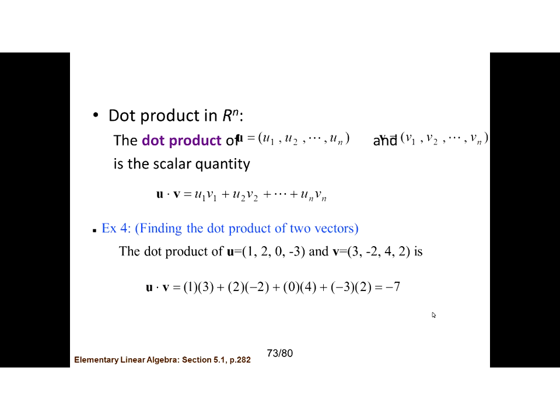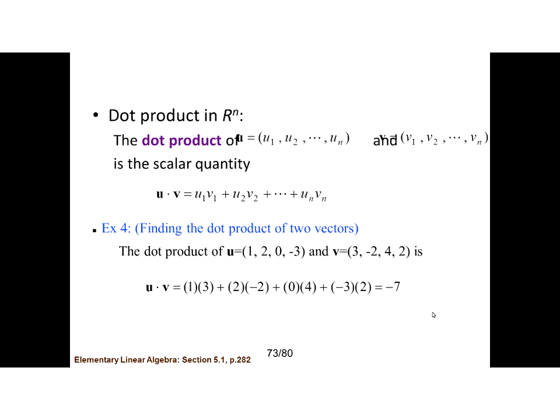It is a fourth coordinate. So what I do is multiply the ith element of u to the ith element of v, that is 1 multiplied by 3.